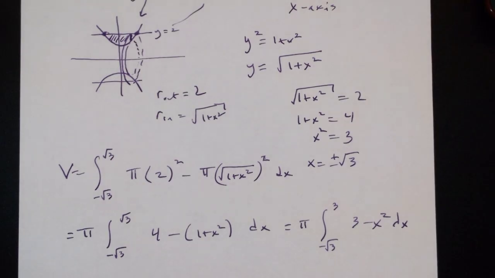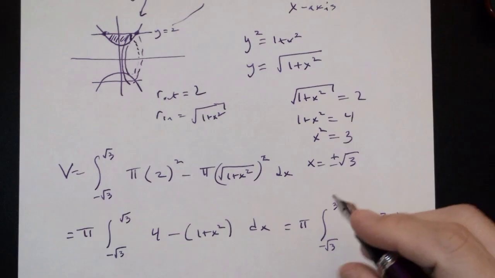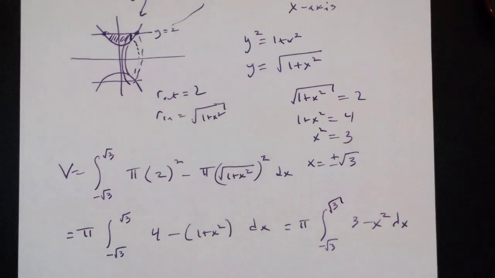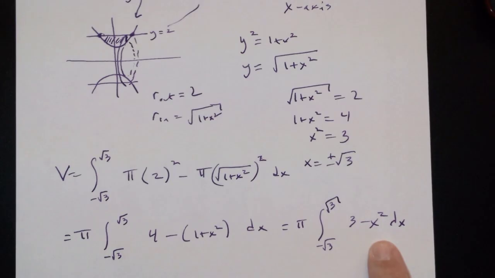Ah, yes, thank you. Without that root 3, I can't use the exploit, so thank you for catching that. It's symmetric. I'm going from minus number to number, aren't I? And look at this function. X to the 0 power, X to the 2 power, those are both even powers. And the picture is the same on the left as it is on the right. This is an even function. 2 from 0 to root 3. And then one of my numbers that I'm plugging in is 0. And that made my life so much easier.